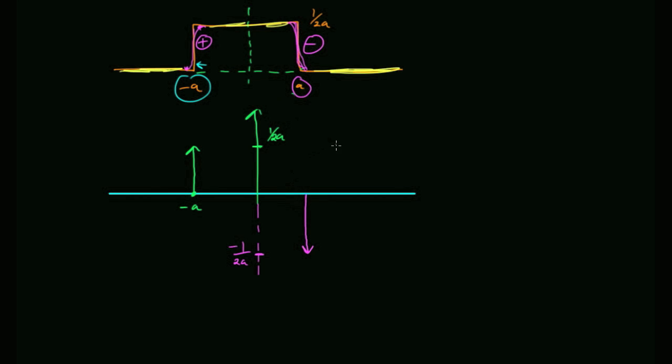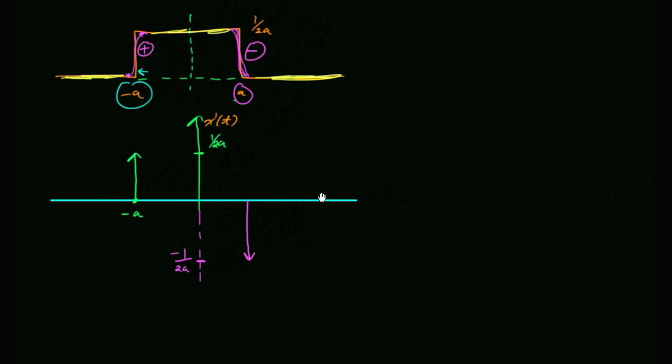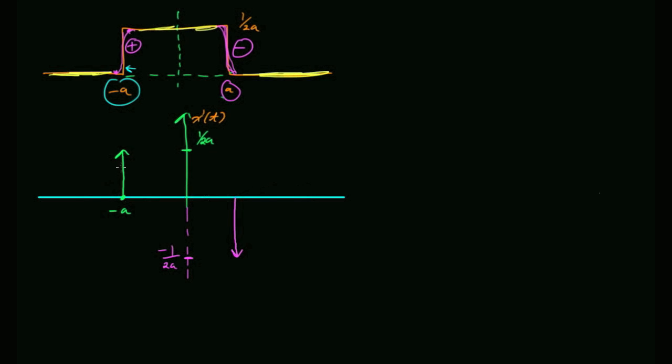Now, can we take the Fourier transform of this by inspection? Watch. Let's start with this impulse. What is the Fourier transform of an impulse? Constant. Fourier transform of an impulse, we learned, is a constant.